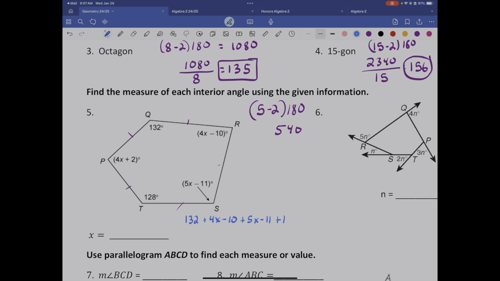We're going to subtract 241. So 540 minus 241, I got 13x equals 299. Divided by 13, I got x equals 23. And that's our solution, 23.